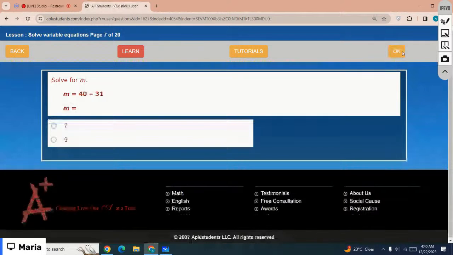Okay, the next one is solve for M. M equals 40 minus 31. So, which is the correct option? Yes, the correct option is 9. 40 minus 31 equals 9.